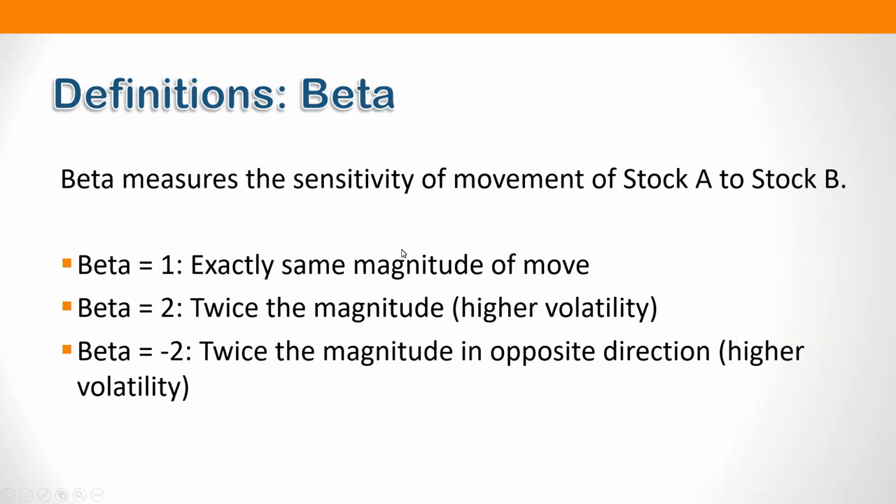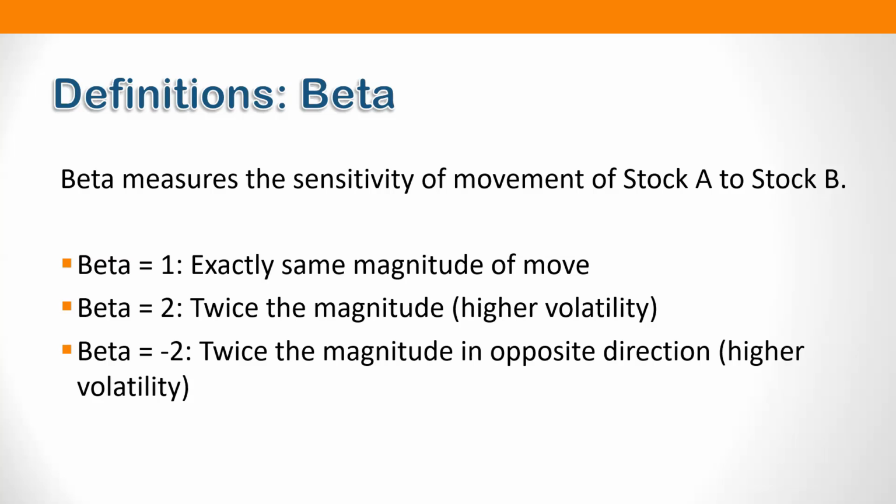Beta is a measure of the sensitivity of movement or volatility of one stock to another. So a beta value of 1 means they have exactly the same magnitude of move. 2 would be twice the magnitude, so higher volatility. And -2 would be twice the magnitude in the opposite direction.